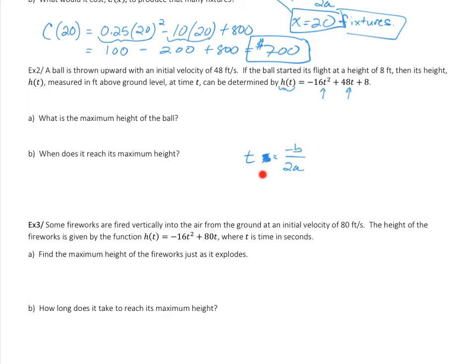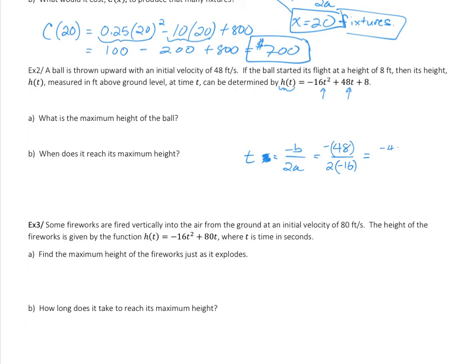Well, if you just want to know what t is, you can just come back up here. t is time. So right now when we find the x coordinate or the t coordinate of the vertex, we're figuring out a time. So we just have to put 48 in for b, and it's going to be negative 48 over 2 times negative 16.